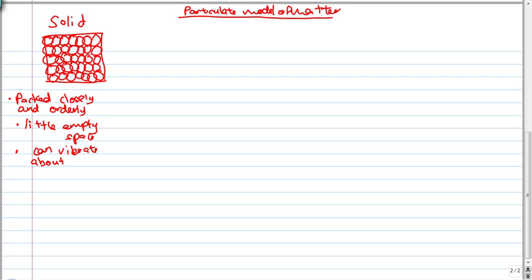They cannot move freely. Actually this point is an extension of the previous point.